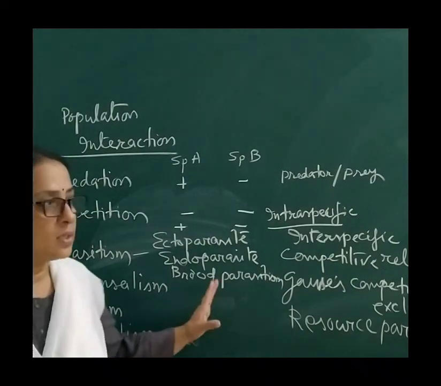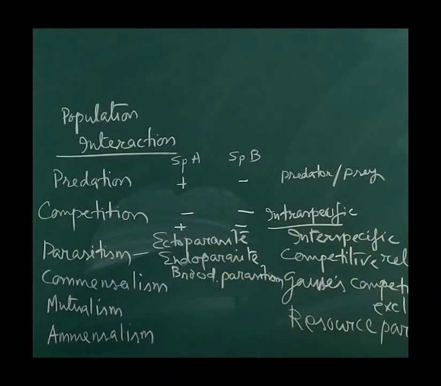The cuckoo does not make its own nest, so it lays eggs inside the crow's nest, and the chicks grow there. That is brood parasitism. But when the crow comes to know that these are the cuckoo's babies, it kicks them out.